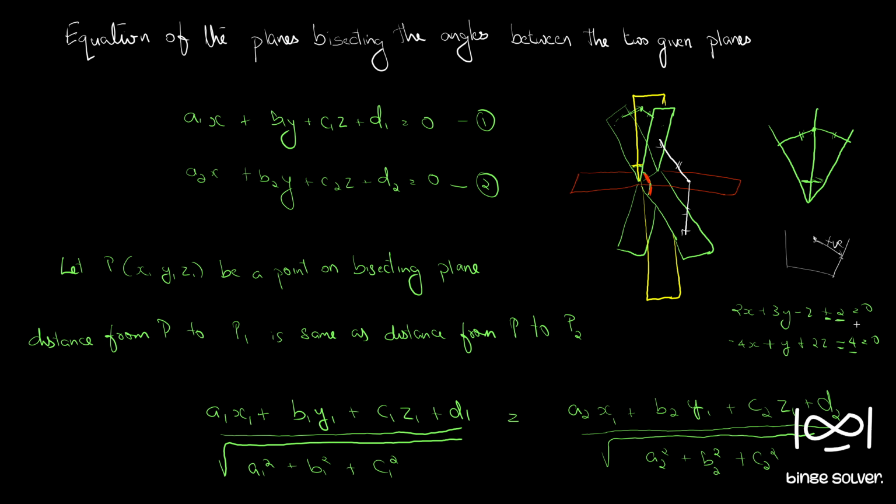If this is the scenario, we have to convert these two into the same sign by multiplying throughout. So we can convert equation d2 to positive by multiplying throughout by -1. So it becomes 4x minus y minus 2z plus 4. Now d1 and d2 are of same sign.